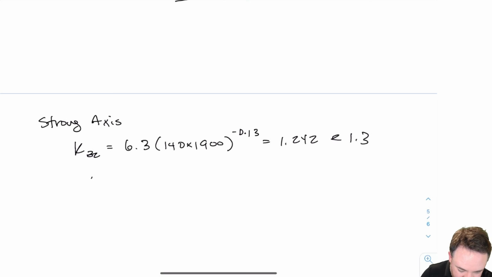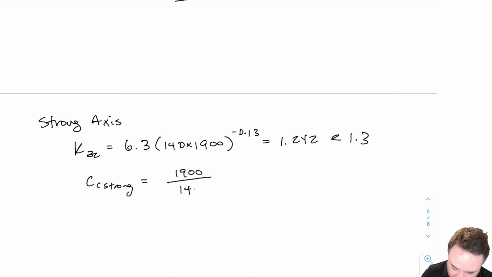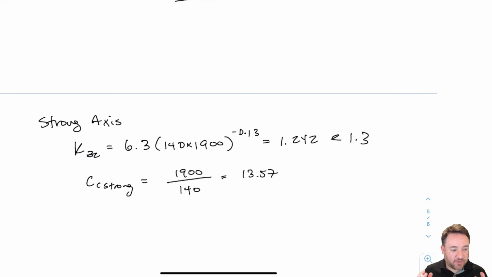And then when I calculate my slenderness for the strong axis direction, I get 1900 divided by 140, which is 13.57. That's the same as the value I got before for strong axis direction, because the strong axis buckling strength is not affected by the built-up section, as we've talked about now many times. So that number is the same.